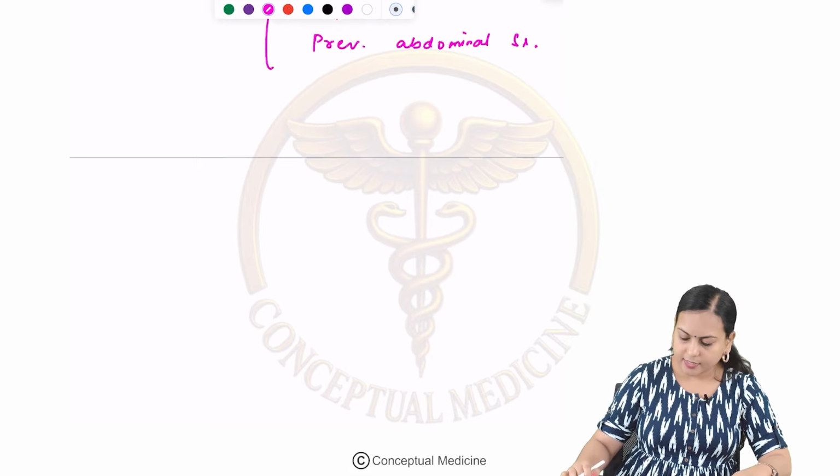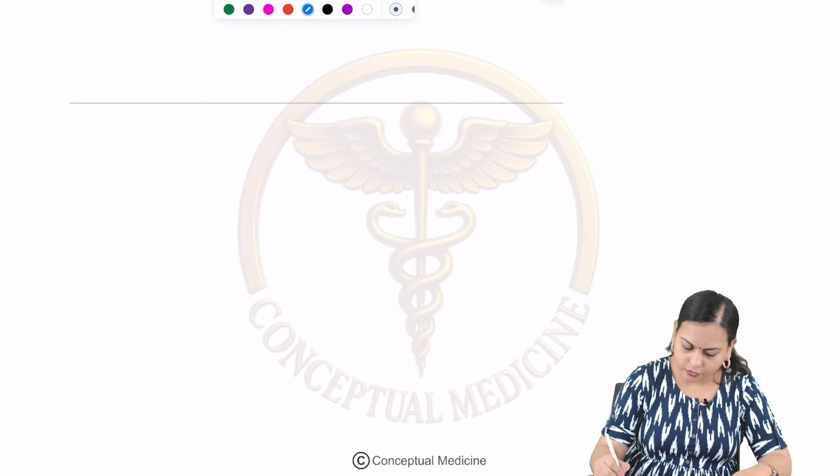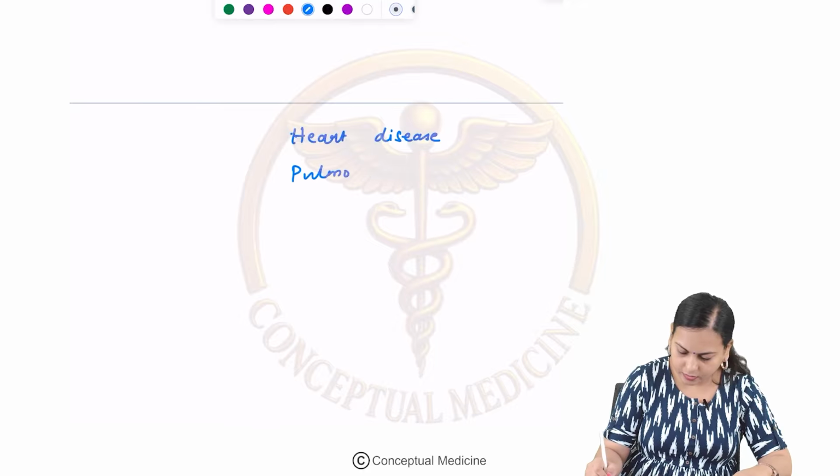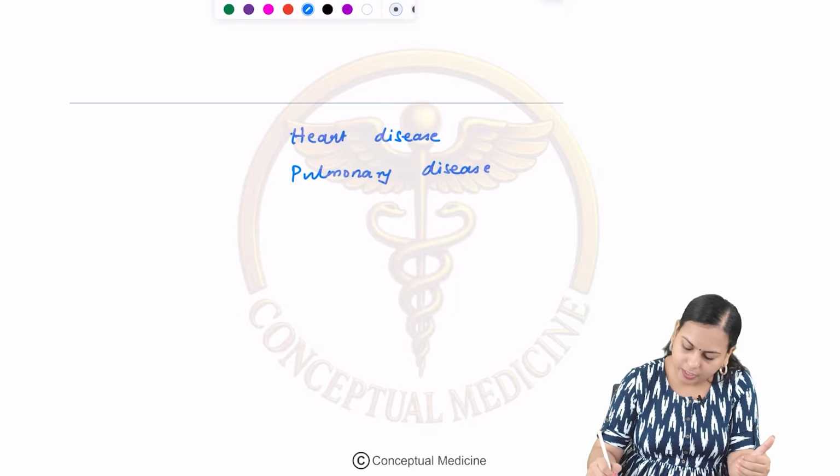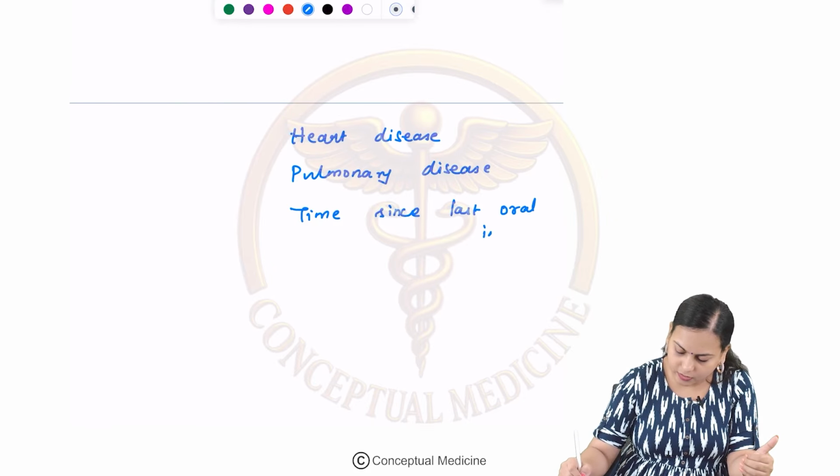Okay, anesthesia risk factors will include any heart disease or pulmonary disease, and it also depends upon the time since last oral intake.